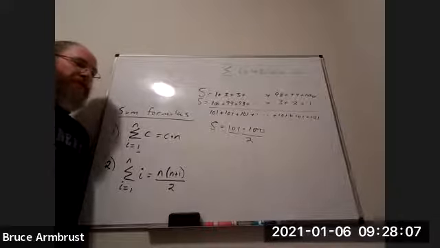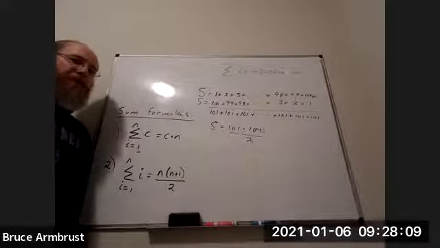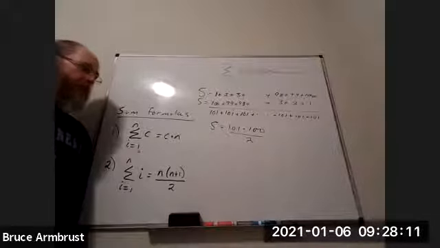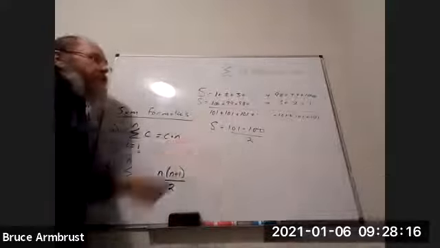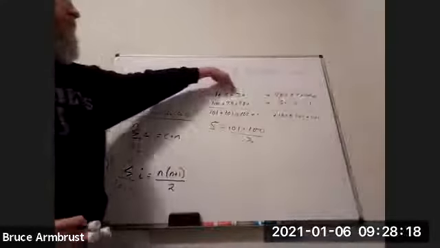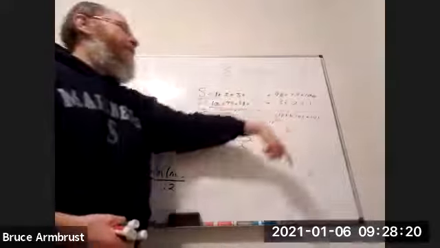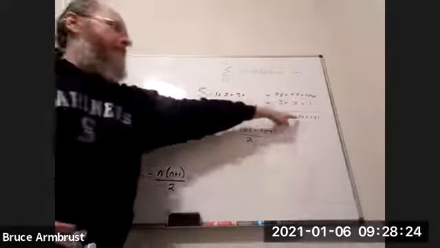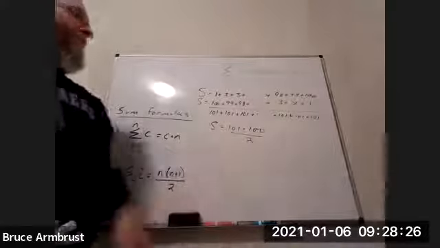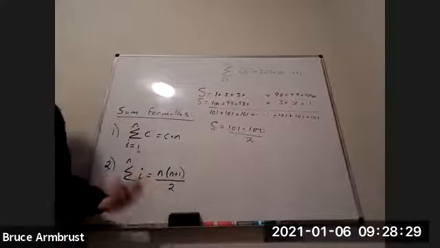All right, so this also shows you kind of the brilliance of this guy. But when he was a child, he figured this out. Figured out this formula. So if you do this generically, if you just do 1 plus 2 plus 3 plus out to n, then all of these things are n plus 1. Add up to n plus 1. You've got n of them. So you have n times n plus 1, and then you got to divide by 2.